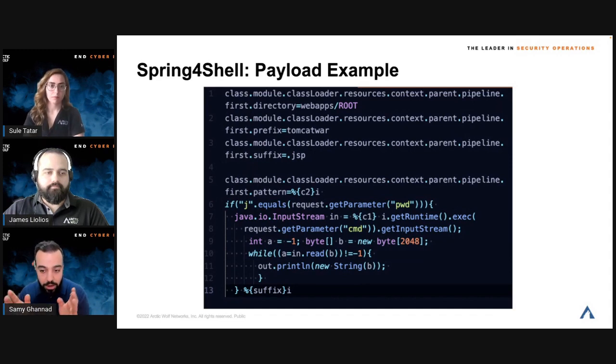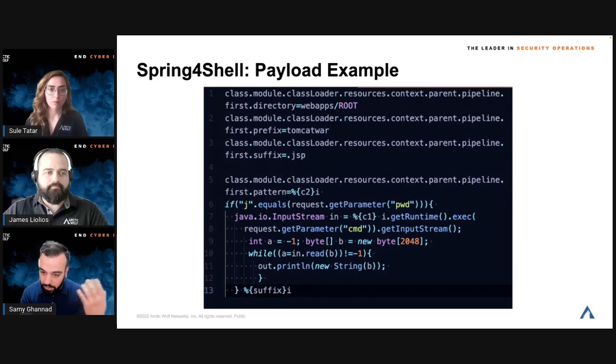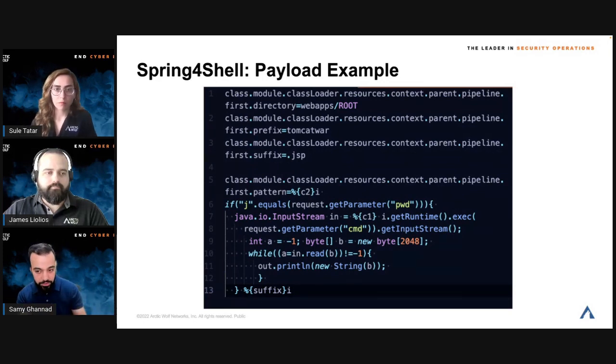And the contents of that file are specified on lines 6 to 13. That's what's going to be written inside that file, and that is a password-protected, fully functional web shell, and the password is one letter, J. There's a PWD parameter that you set to J so you can get to the next part of the code, and there is a CMD parameter where you get to specify your command.